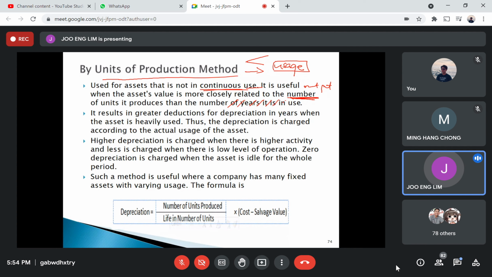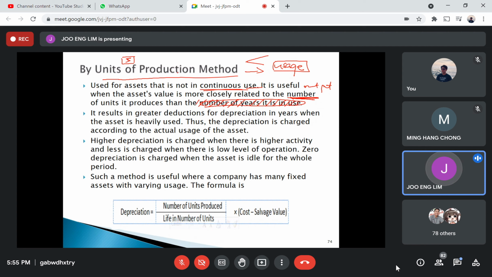Sometimes when we buy equipment from a supplier, they don't guarantee by year. A warranty of 5 years may not make sense to the machine supplier, because in those 5 years you can use it 24 hours per day, 7 days a week, 350 days a year, as compared to a factory that uses it for one shift only.